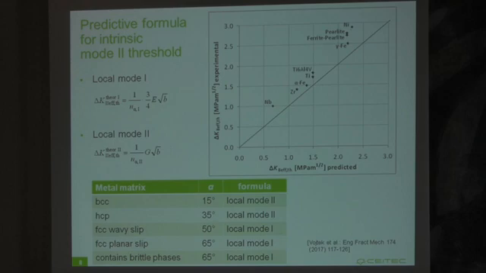In this diagram we see the comparison of such theoretically determined effective Mode 2 thresholds with the experimentally measured ones, and we see a good agreement for various metallic materials. The experimental values are always a little bit higher because the cracks are not perfect and they are not absolutely closure free.